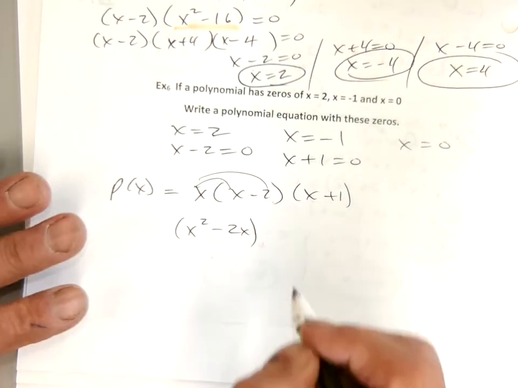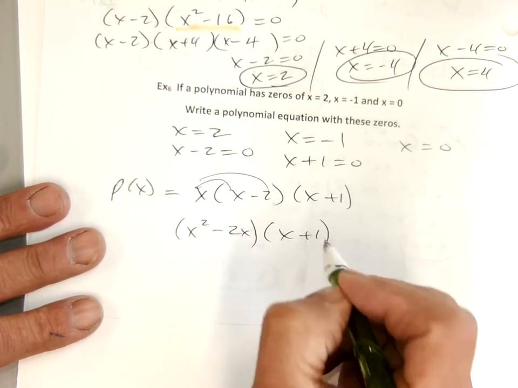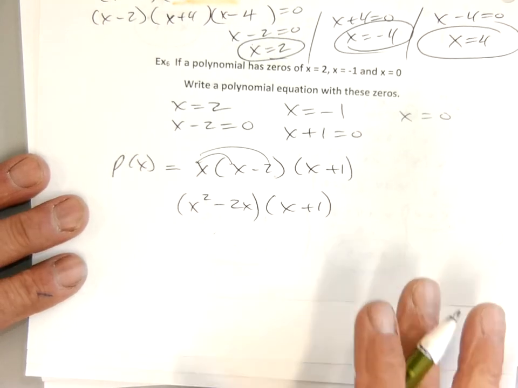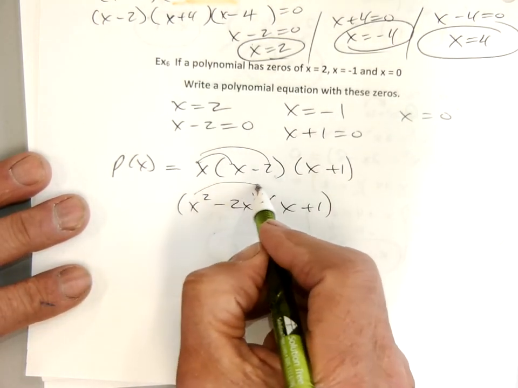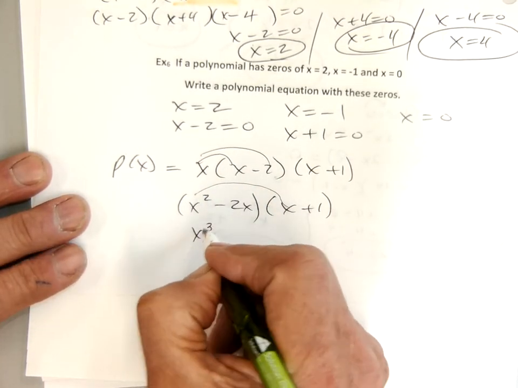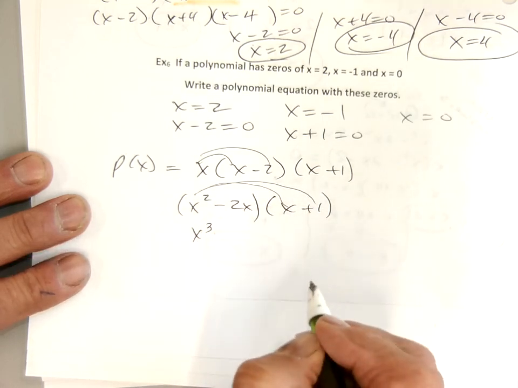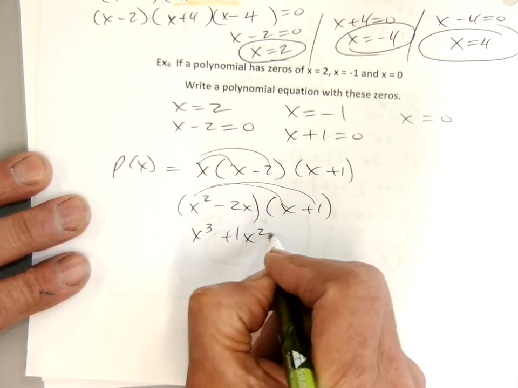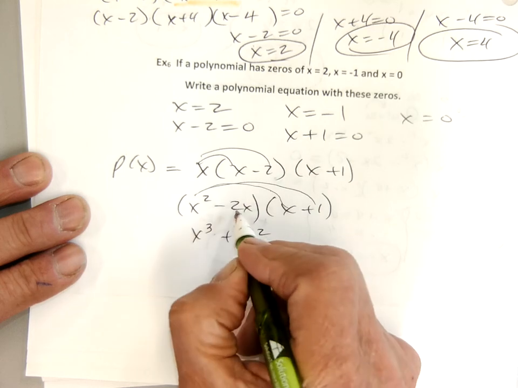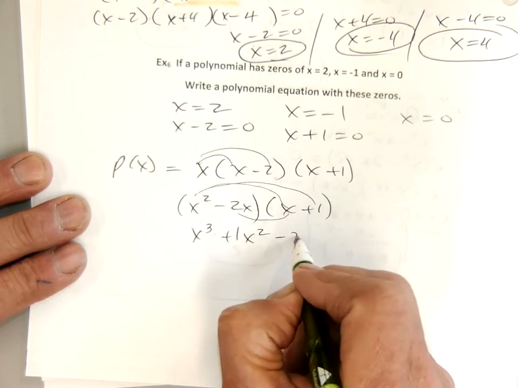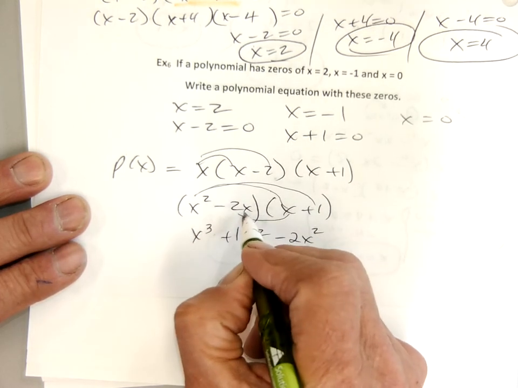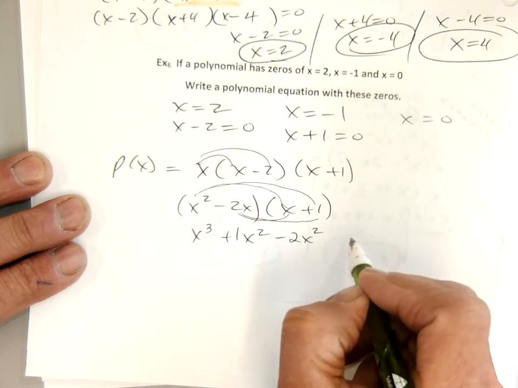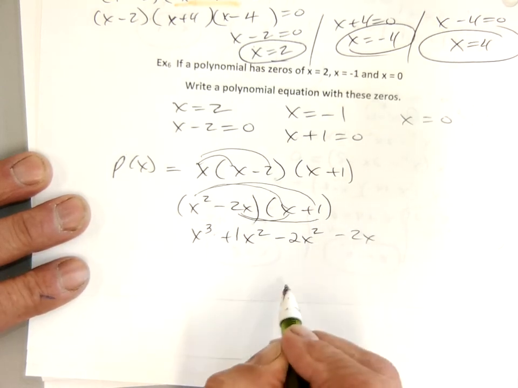And then I'm going to remember I had an x plus 1. And then I'm going to multiply. X squared times x is x cubed. X squared times 1 is a 1x squared. Negative 2 times x is negative 2x squared. Negative 2 times 1 is a negative 2x.